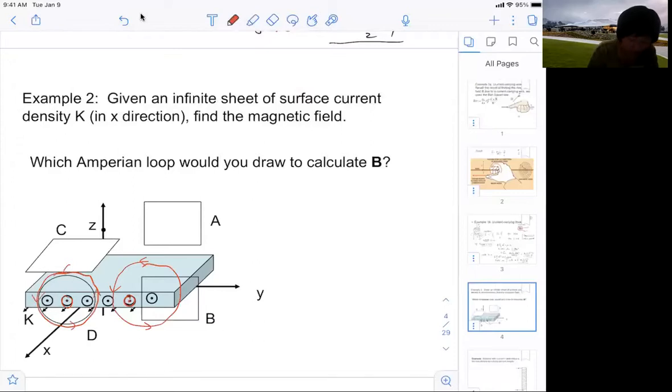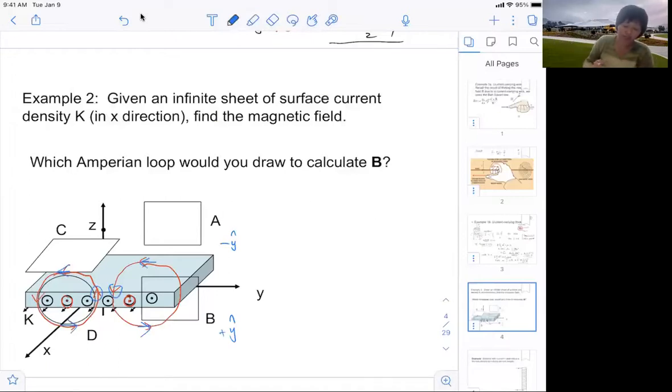And you can see that the z direction cancels, leaving only the component that is parallel to the sheet. Here it is pointing to the left, negative y hat. Here it is pointing to the right, positive y hat. So above the sheet it is to the left, below the sheet it is to the right.